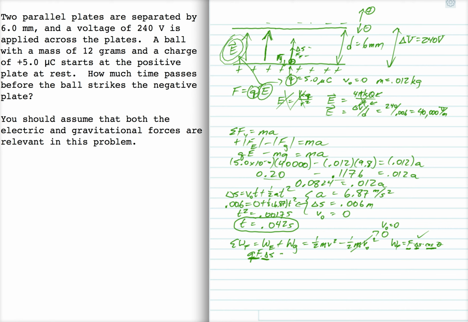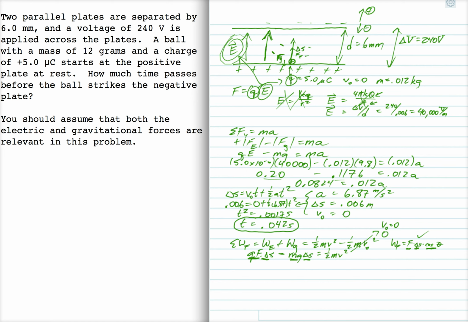Now for gravity, the work done is going to be minus mg delta S. Because gravitational force is mg, the displacement is delta S, but you can see up here that gravity points down, but delta S points up. And so this cosine term is cosine 180, which is negative 1.